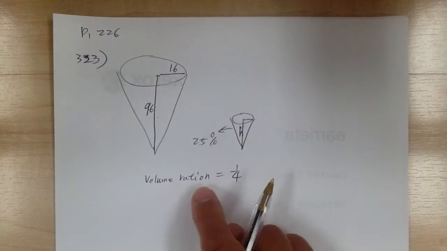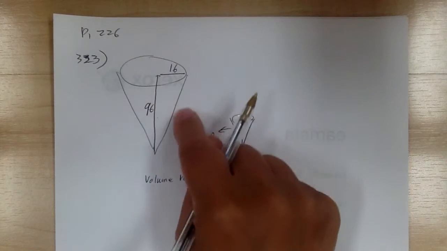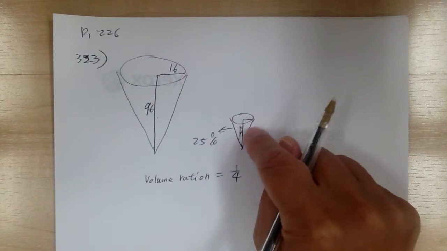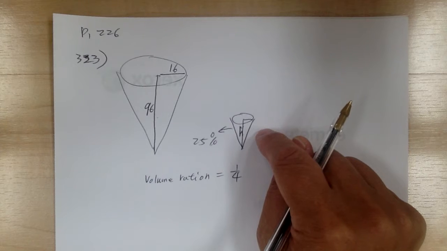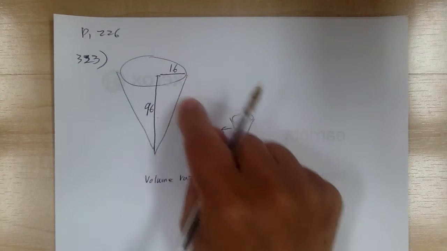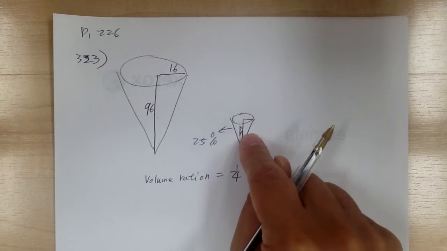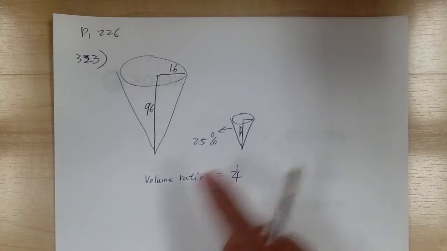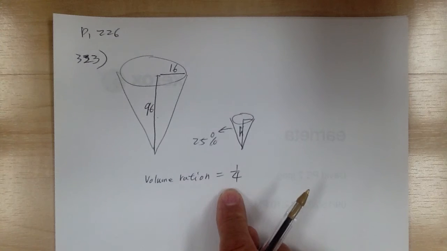What you can do is, from the volume, instead of trying to figure out the height and the radius, you don't have to do that. You can figure out the volume times 1/4, and then figure out the height from there. But it's too messy. It's a lot easier if you use the scale factor.